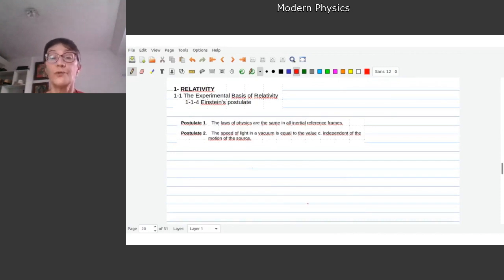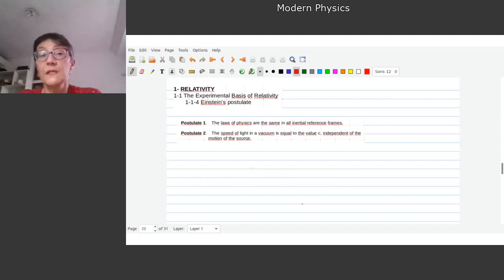And so Einstein solved the problem. He said two things. Postulate one: the laws of physics are the same in all inertial reference frames. We studied this last time, classical relativity.